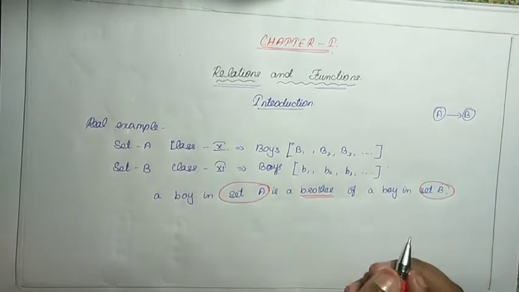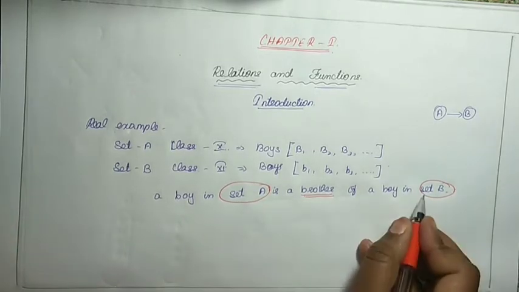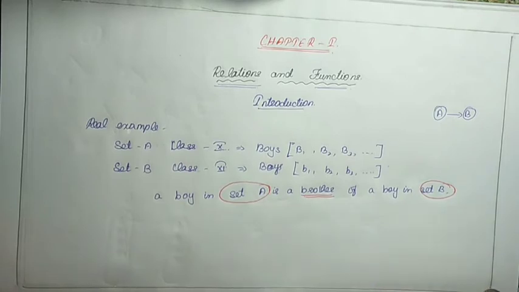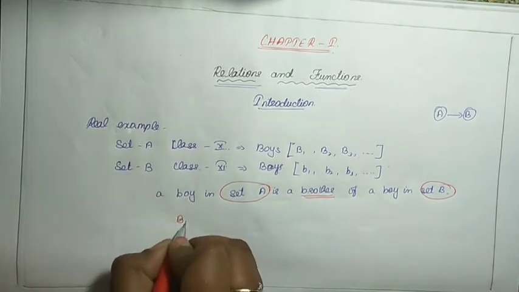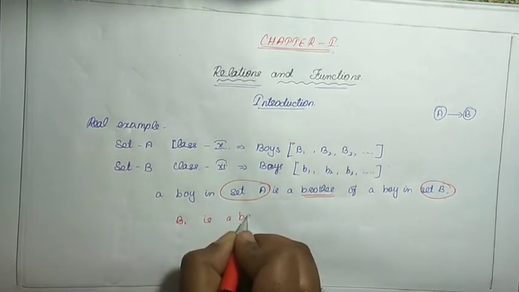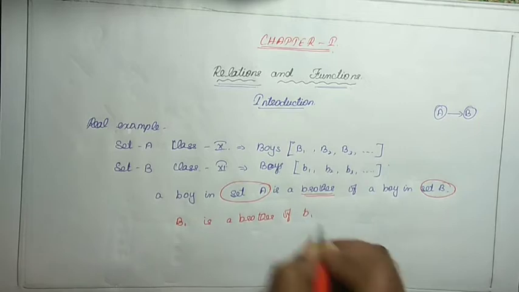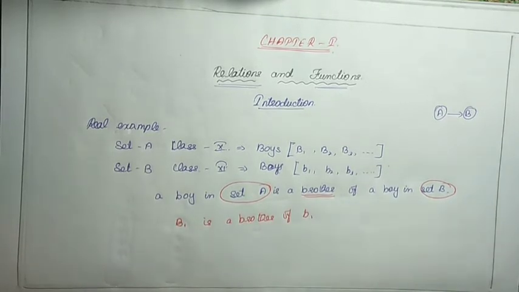Relation literally means a relationship, so it is related to something or the other. Consider this example for your understanding. Set A and set B are there. I'm saying that a boy in set A is a brother of a boy in set B, say B1 is a brother of B1. This is one relationship.